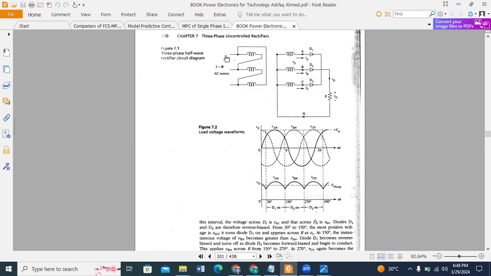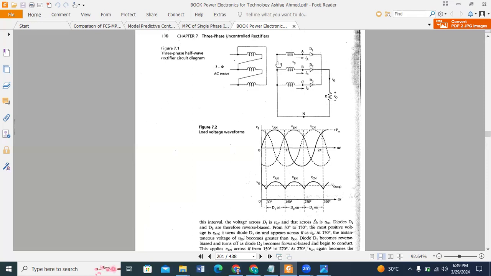Delta is formed from red, yellow, blue, connecting one to another in series, with the last one coming back to this side to become a delta. Towards the star connection, all three common points become one common point, which we call the neutral, and each phase is provided through diode 1, diode 2, diode 3 towards the resistive load.